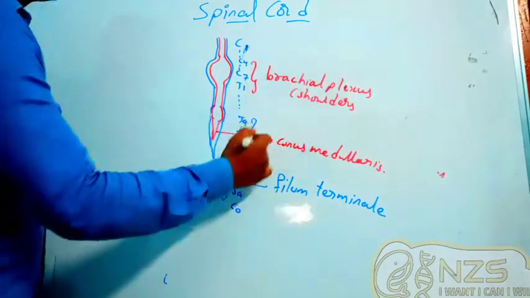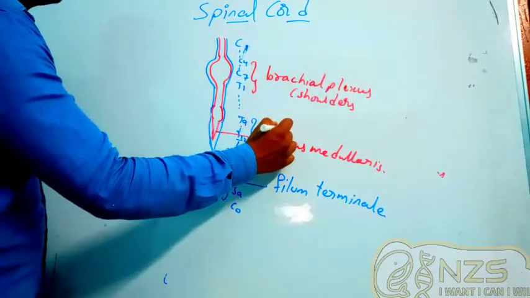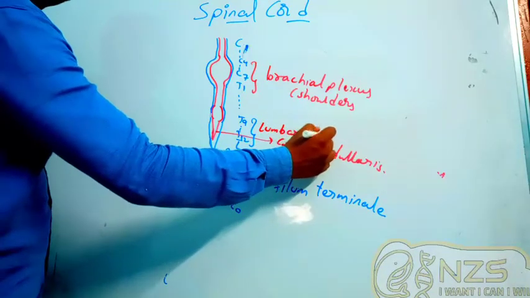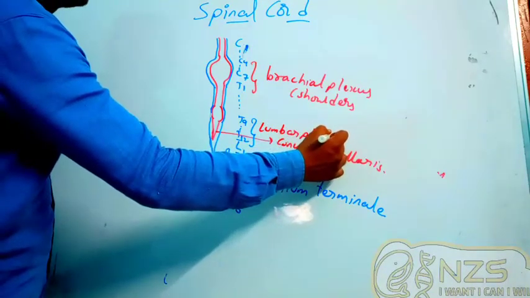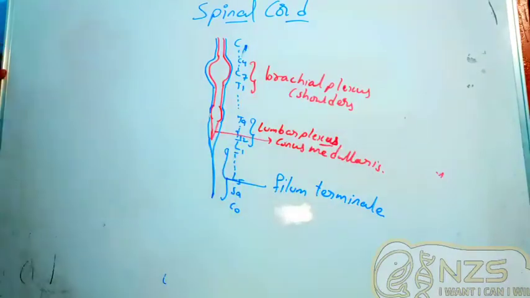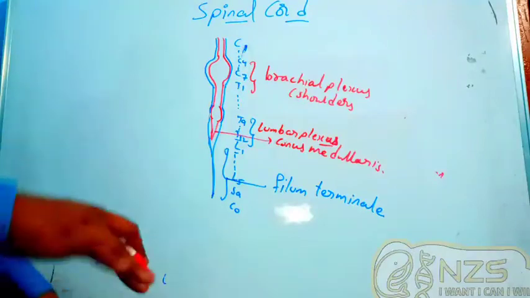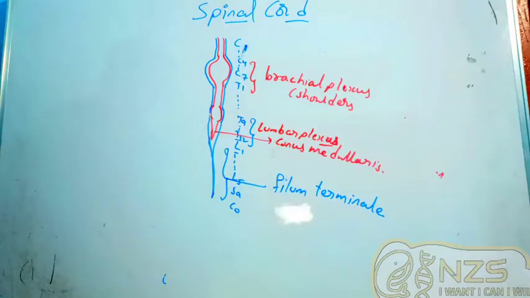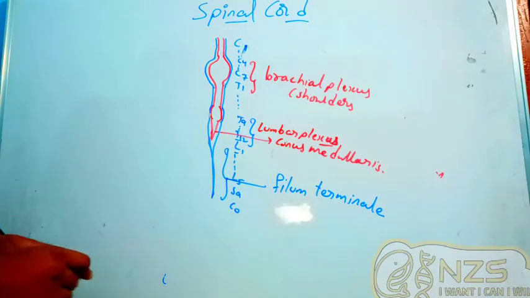One is called the brachial plexus, the other is called the lumbar plexus, which sends a batch of nerves to the visceral organs, the intestinal parts, gastrointestinal parts. These two plexus are swollen because more nerves come out in that part. That's why the spinal cord is somewhat swollen in these two regions.